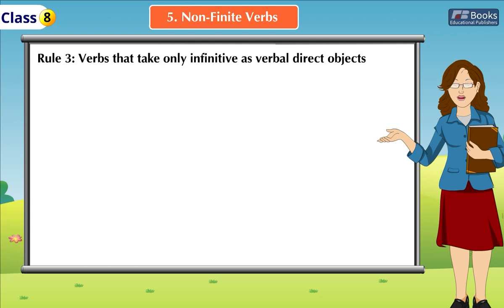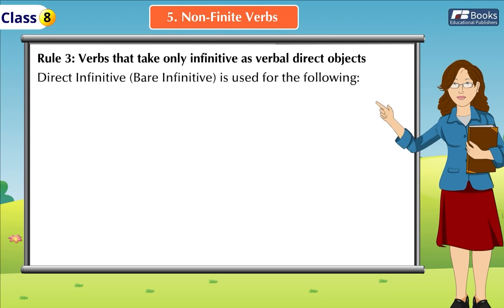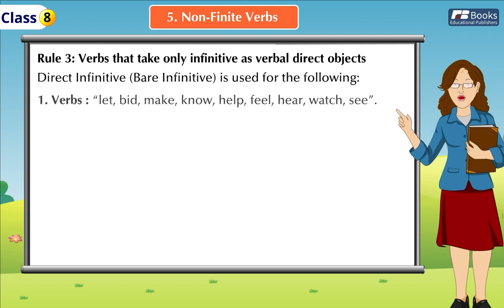Rule 3. Verbs that take only infinitive as verbal direct objects. Direct infinitive, bare infinitive, is used for the following. First, verbs: let, bid, make, know, help, feel, hear, watch, see.